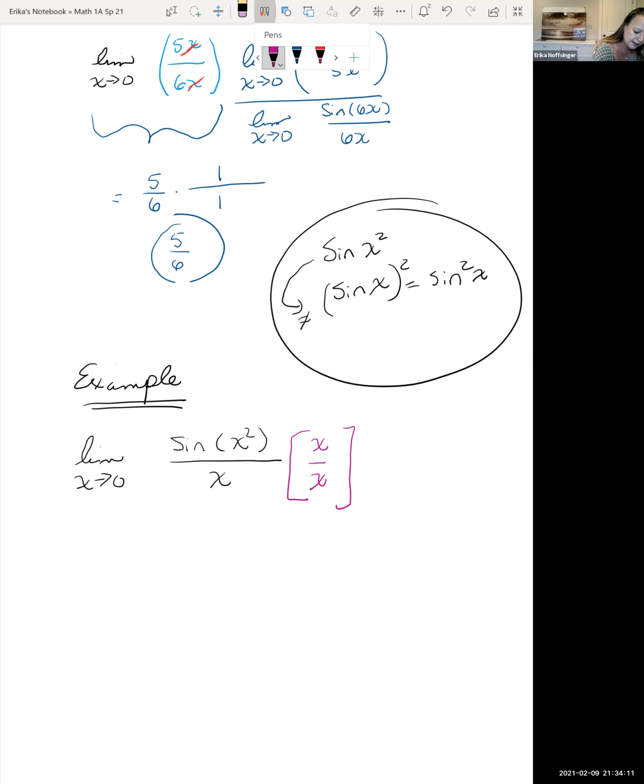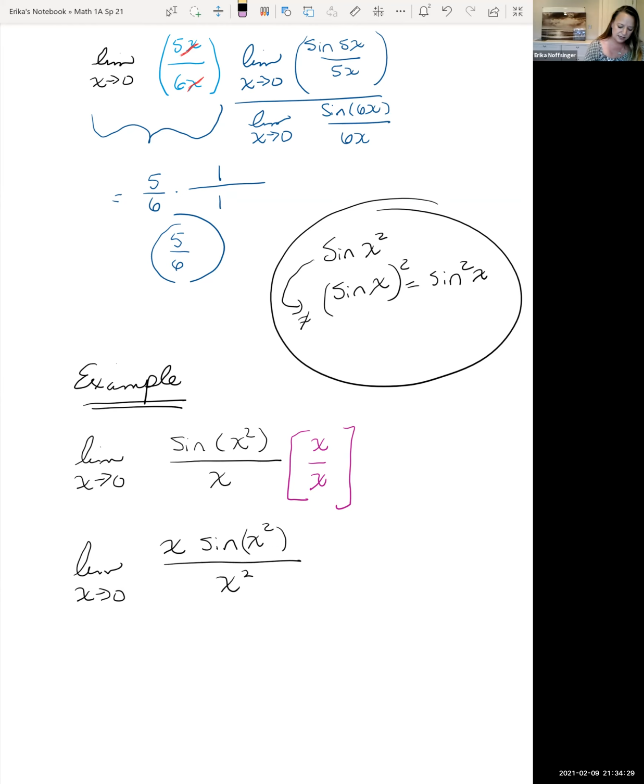If we do that, we get the limit as x approaches 0 of x, which I'm going to put in front, times sine of x squared all over x squared.